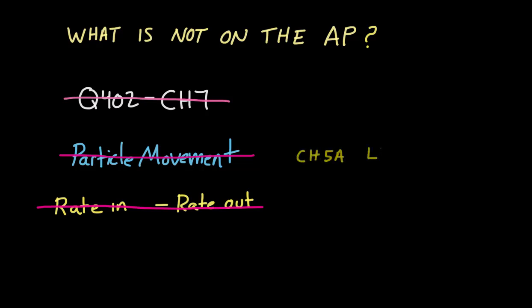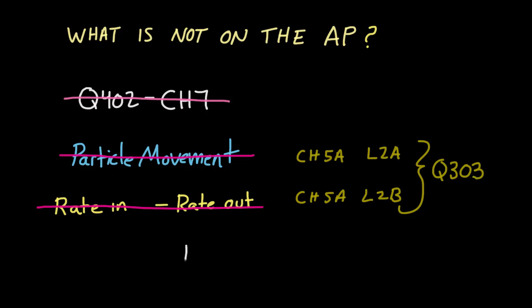Now, these can be found in Chapter 5a. This one was Lesson 2a, and this was Chapter 5a, Lesson 2b from Q303. I do still think there's some benefit to looking at lesson number 1a and lesson number 1b as they do area integral relationships.